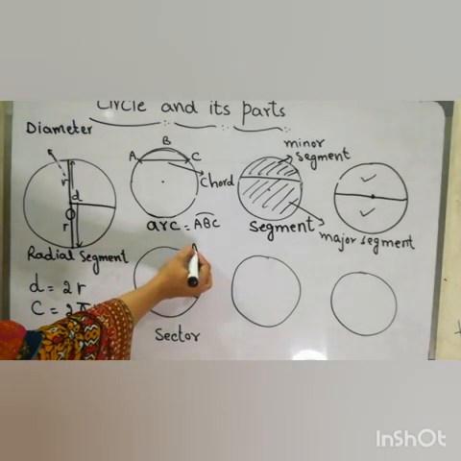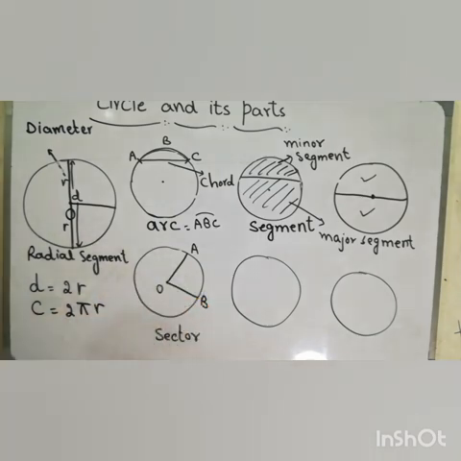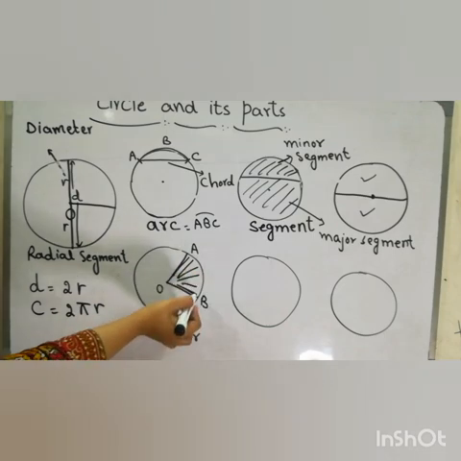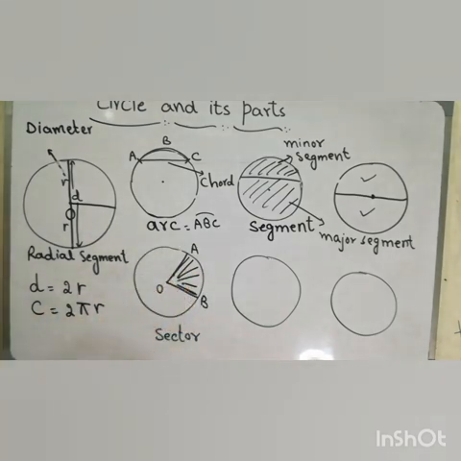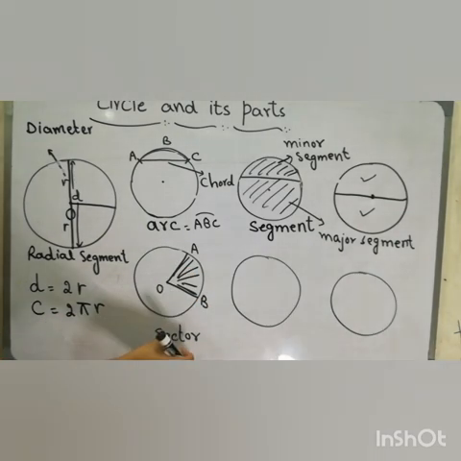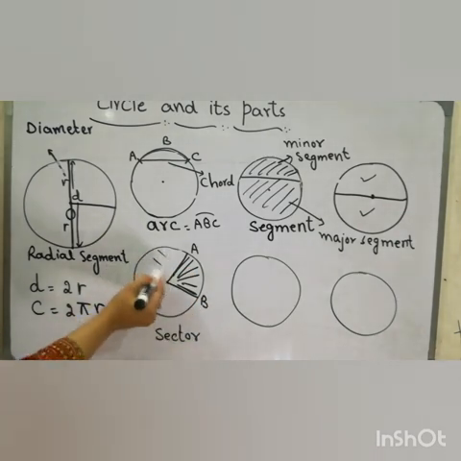Suppose this is OAB. This portion between the two radii and one arc is known as a sector. In the same way, the smaller portion is known as the minor sector and the bigger portion is known as the major sector. So we have two sector portions also, one minor sector and one major sector.